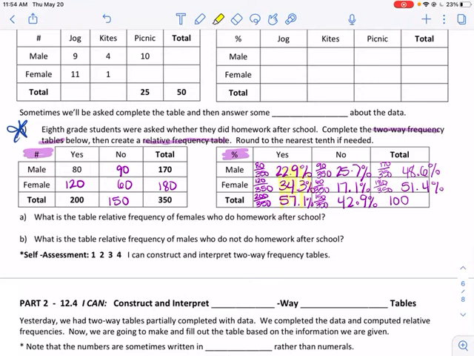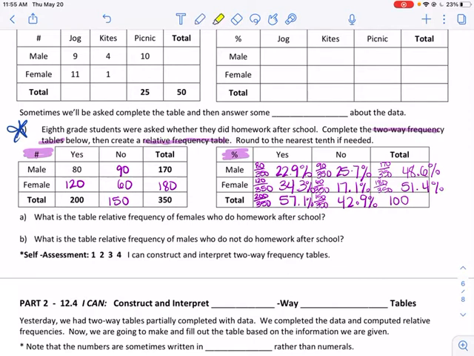Okay, so now we can say what is the relative frequency of females who do homework after school. We can just go look at the table. Females who do homework after school, 34.3%. And then the relative frequency of males who do not do homework after school. And it says table because it's referring to the percent of those total surveyed.